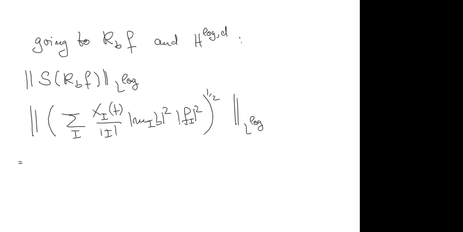And now, if I fix a T and I look at the sum, then I'm interested in all the i's which contain the T, so that the chi I will have a non-trivial term here. So I'll have a supremum over all the dyadic intervals which contain the T. And then I will take a supremum of all the MI's turning up here. So for each T, I've pulled out the supremum here of the MIBs.